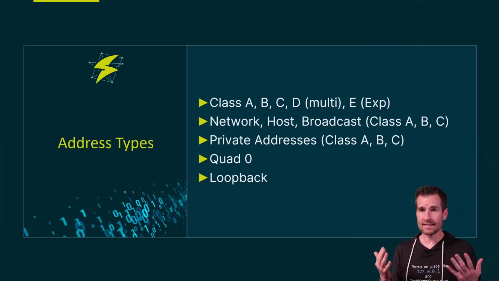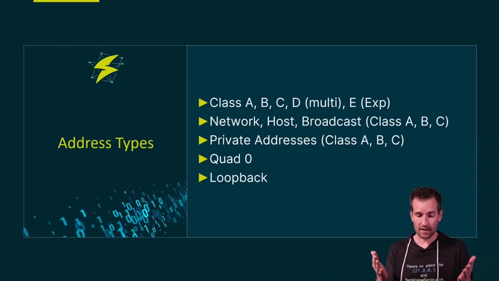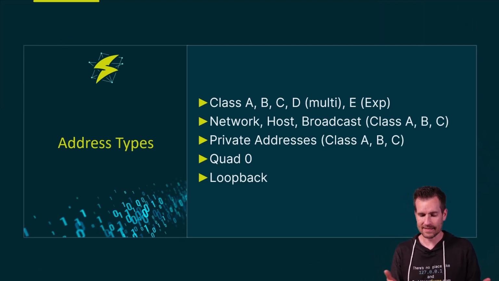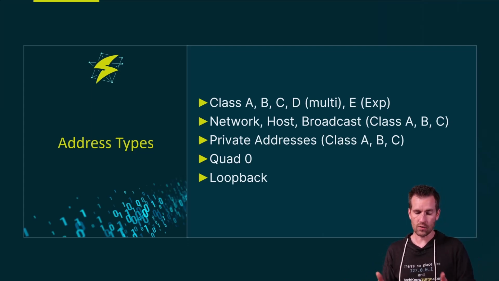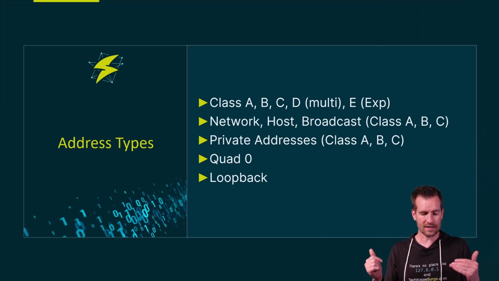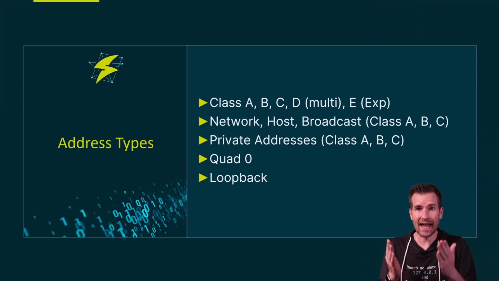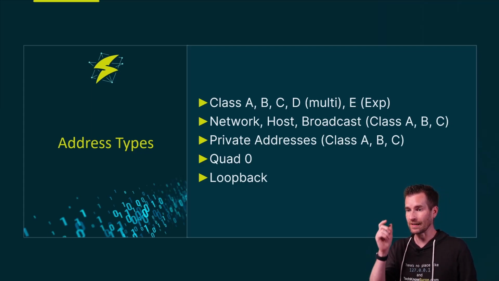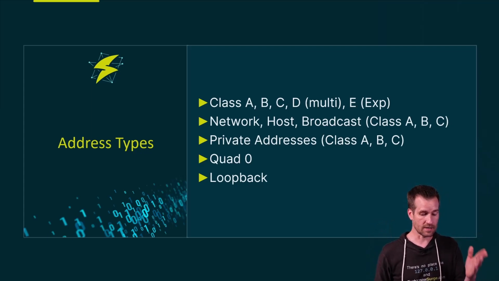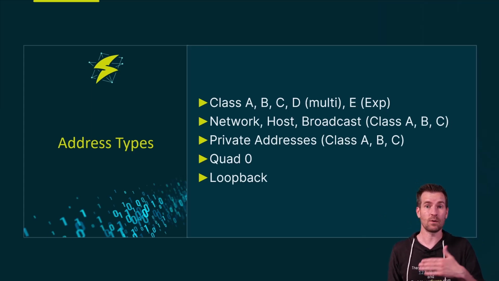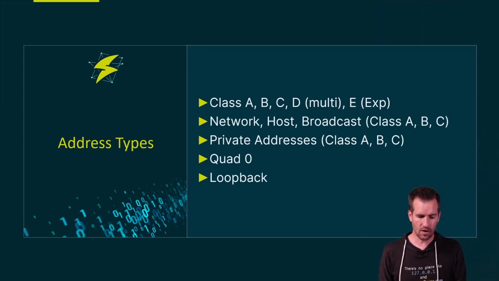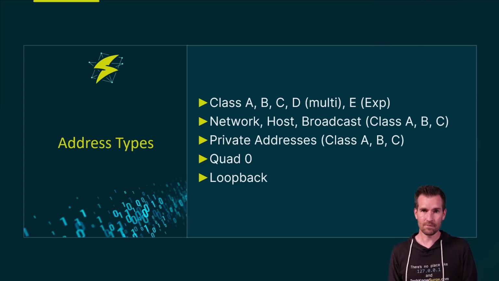Here are some ways that we can categorize these different things. We've got class A, B, C, D, and E. We've got the network, the host, and the broadcast. We've got private addresses. We've got quad 0. We've got the loopback. One thing you're going to need to be able to do is look at an IP address and determine what class it's in, determine whether it's a network, host, or broadcast, determine whether it's a private address, and make sure it's not a quad 0 address or a loopback address.